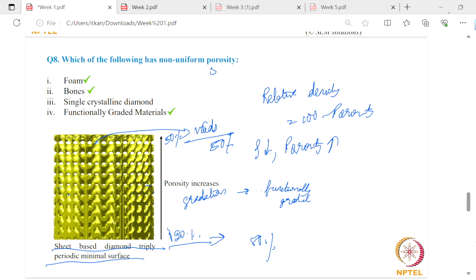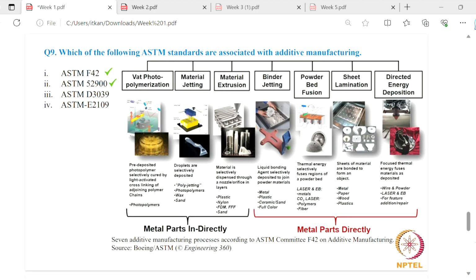This is an example of a porosity structure which is generated in MATLAB. Next question.